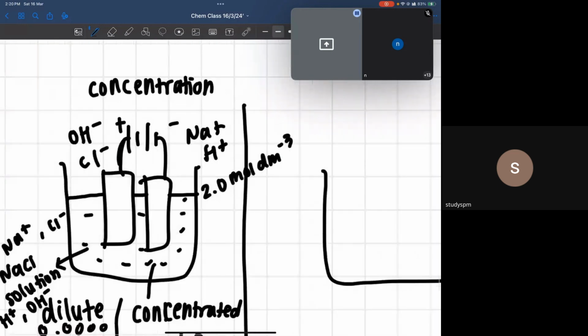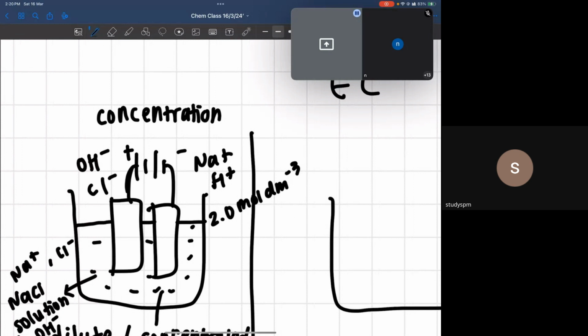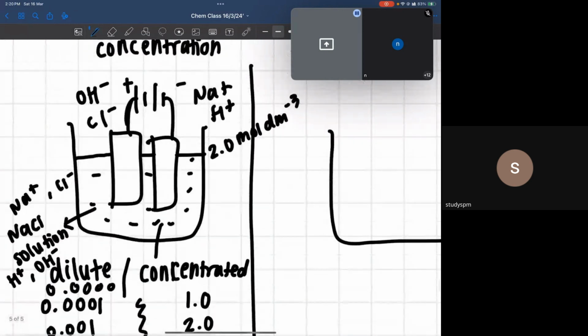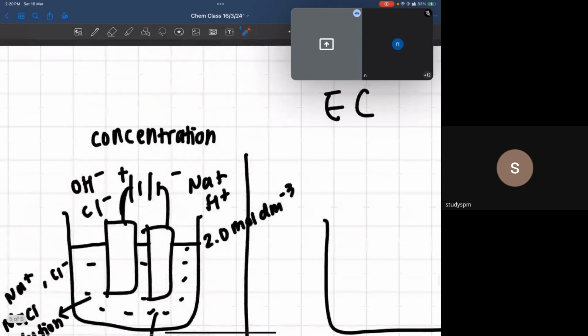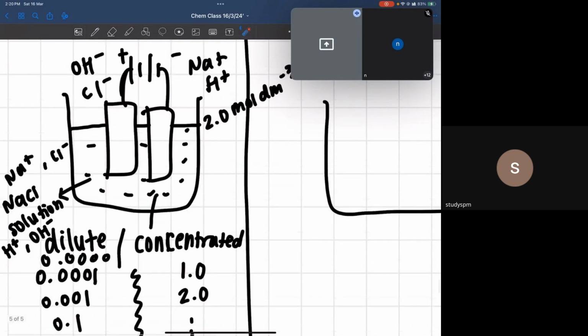Okay? So for concentration, we mostly focus on anode. For anode, as we know, it undergoes oxidation. So oxidation, but how to determine? There are two, but you must remember, only one ion will be the winner. Only one will selectively discharge. Now, there's a reason why we call it selectively discharge. Only one becomes the winner. Which one? It says concentrated, which is 2.0.